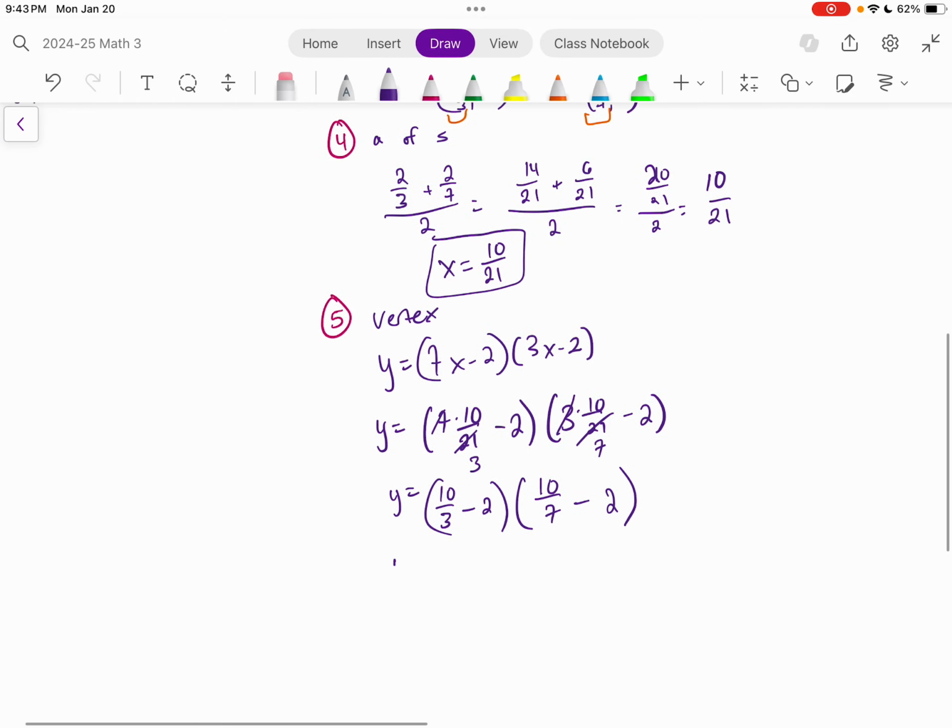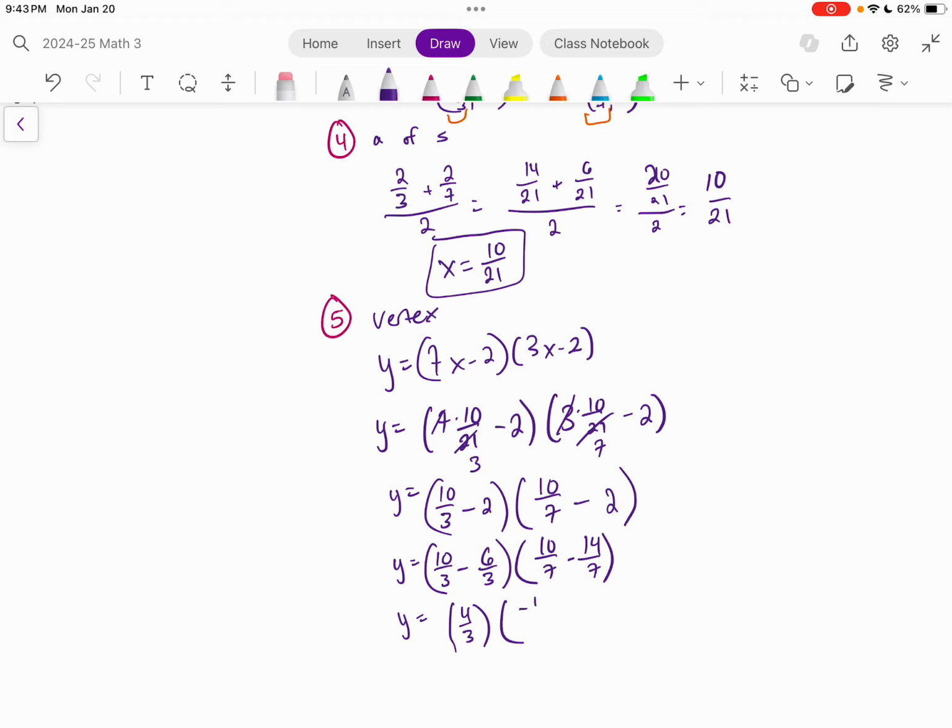I want to put some common denominators in. So we're going to have 10/3 minus 6/3, because that's what 2 is, times 10/7 minus 14/7, because that's what 2 is. And then I'll be left with 4/3 times negative 4/7, or negative 16 over 21.